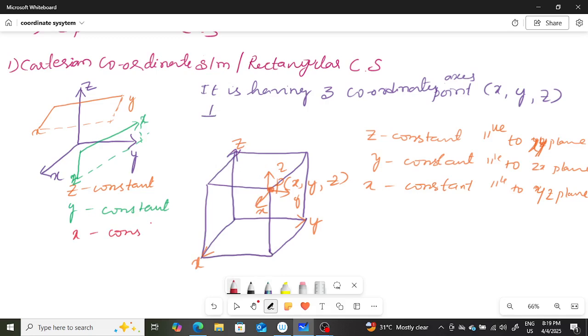X constant means it has to be parallel to the YZ plane. See, this is Y, and this is the Z axis. So I should draw the plane here.